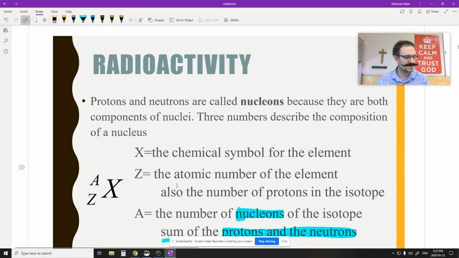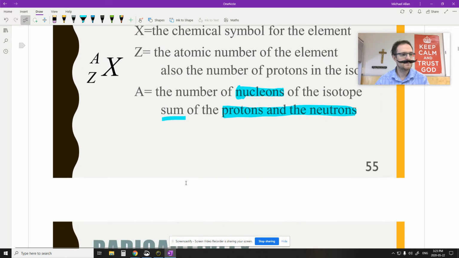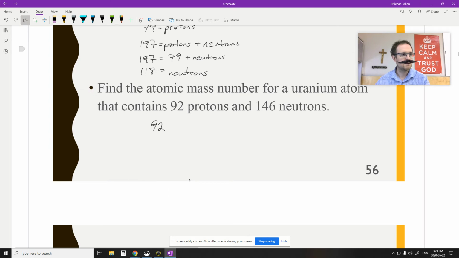Its atomic number is that, the atomic mass number, yeah, is going to be the number on the bottom. Now I can go here and find uranium's number. Uranium's number is 238.03, so that's the average. But the atomic mass of this one, the atomic mass number of this one, is just going to be the addition of these two numbers.